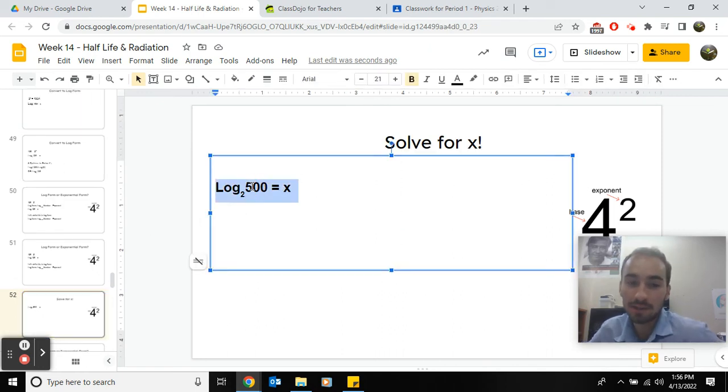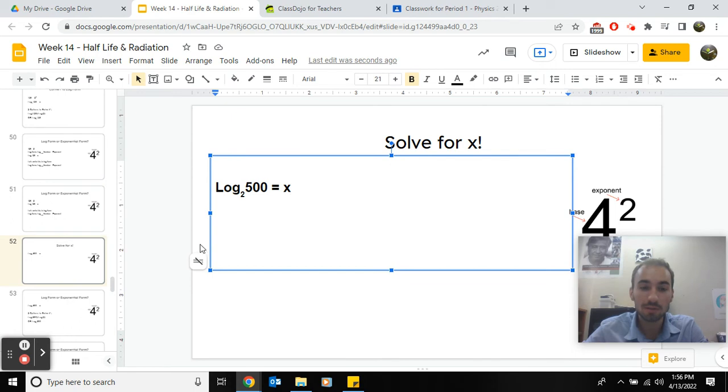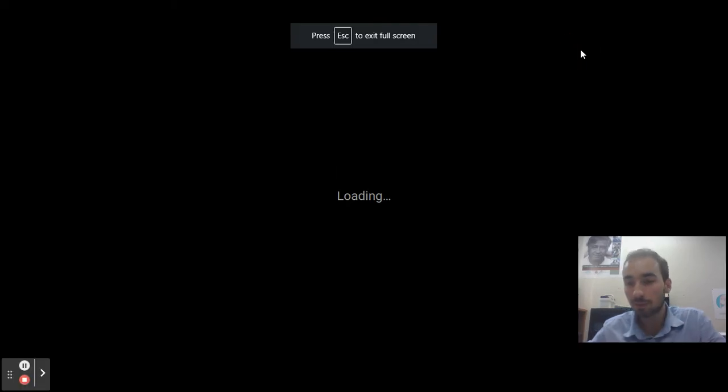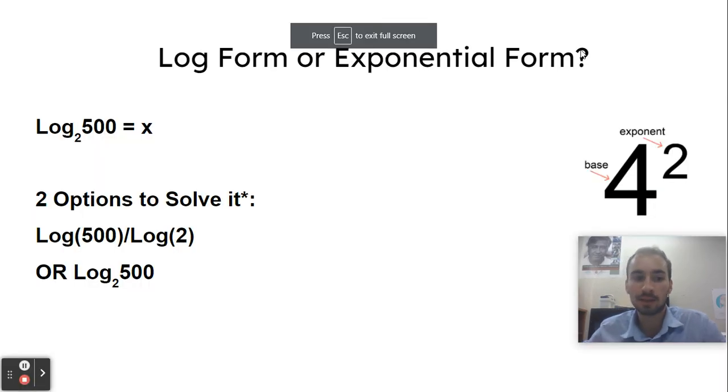Now I want you to solve for x. We were doing a lot of log 2's because that's what we'll need to use for half-life. But you can put the log base to be anything. So now I want you to try and put in your calculator. There are 2 different ways to solve it, but please pause this video and try and get the number now. Remember, there are 2 different ways to solve a log.